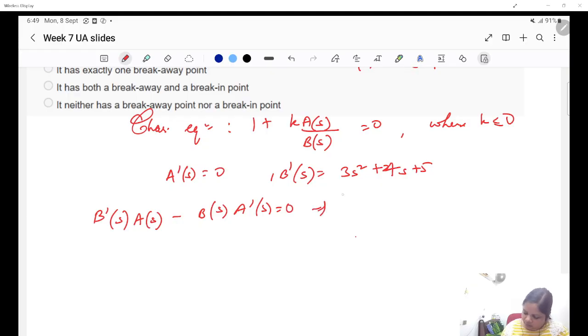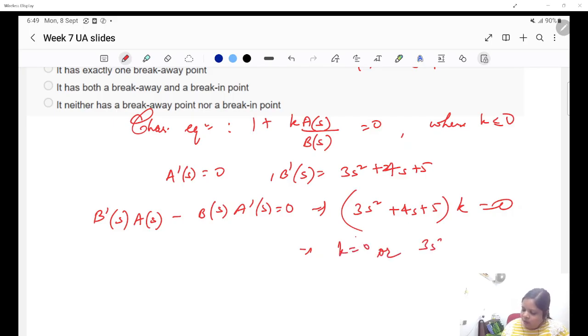Substitute the values. You will get 3s square plus 4s plus 5 into K equal to 0. Now, K is 0 or 3s square plus 4s plus 5 is equal to 0.